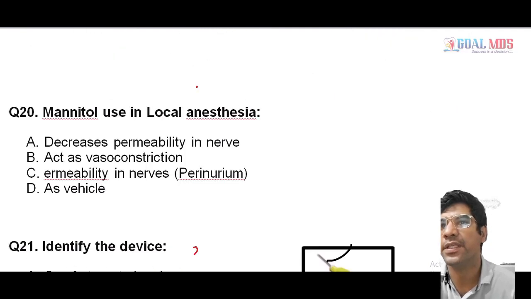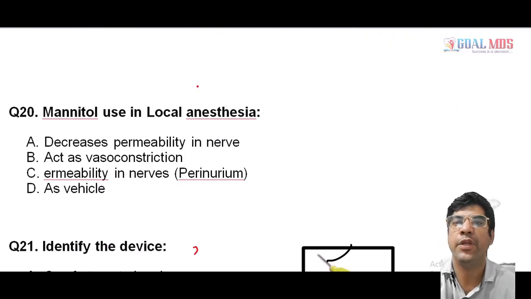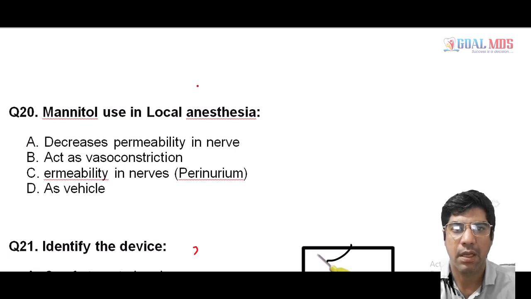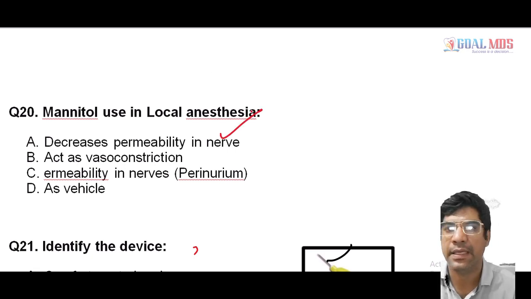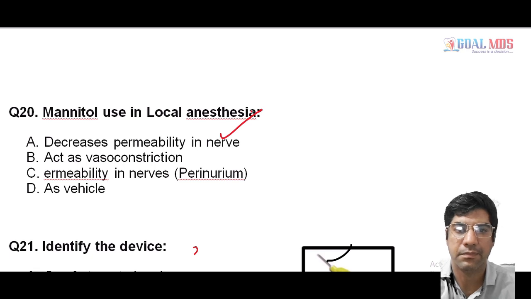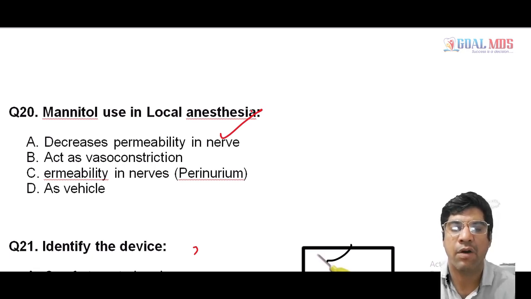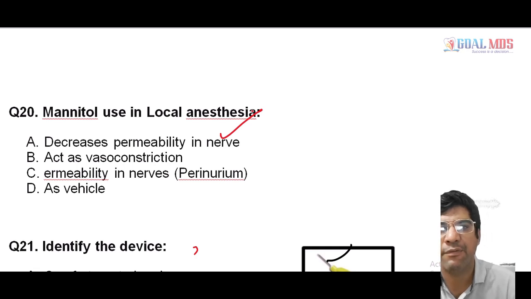Moving to the next question: the mannitol that we use in local anesthesia. The answer is it decreases the permeability in the nerves. Mannitol is not a common component of the local anesthesia solutions that we use.